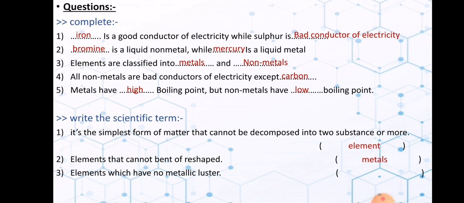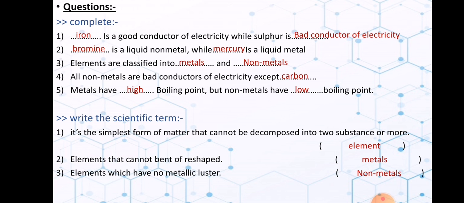Elements which have no metallic luster are non-metals. Sorry, for question number 2 in scientific terms, the right answer is non-metal. Elements that cannot be bent or reshaped are non-metals as well.